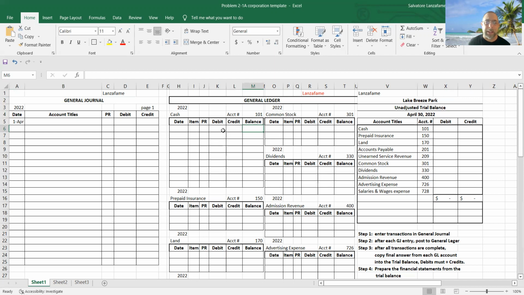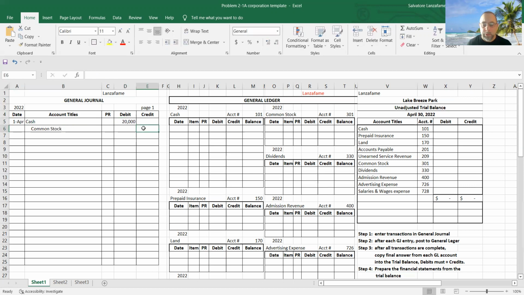Think of this as like an investment. They're basically exchanging stock for cash. So in that situation, we are going to debit cash, and we are going to credit common stock. Let's say the amount is $20,000.